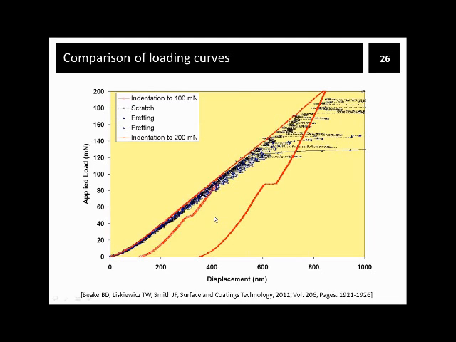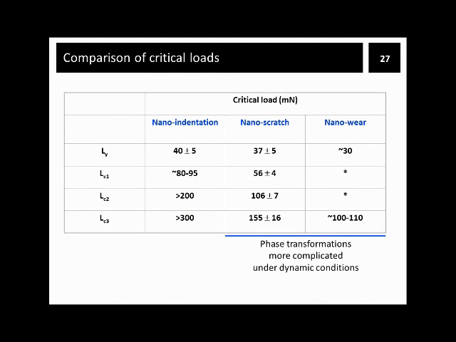So critical loads observed for three types of experiments are summarized in this table. After correction of the scratch and fretting data for instrument rate compliance, the different types of tests can be actually more directly compared.